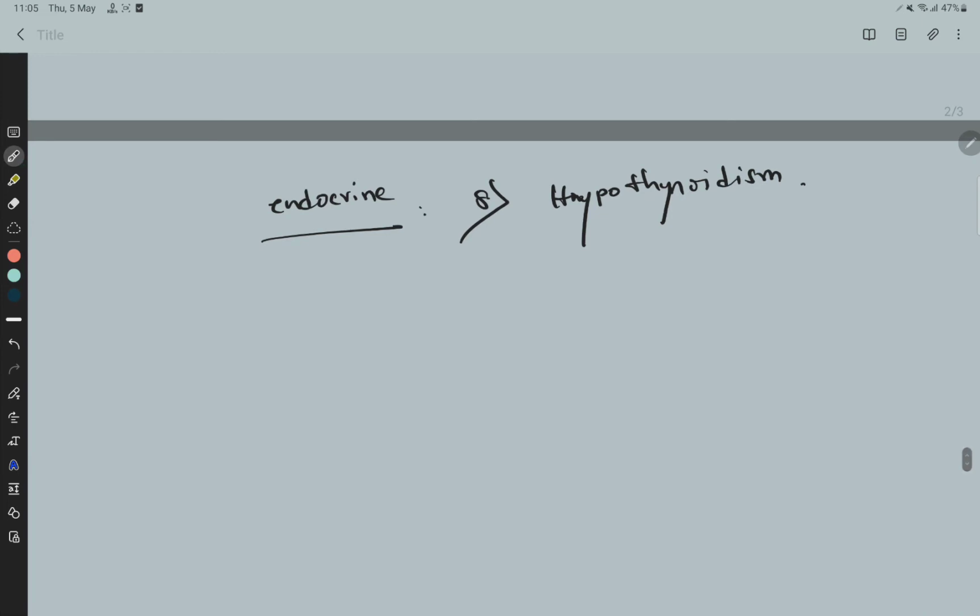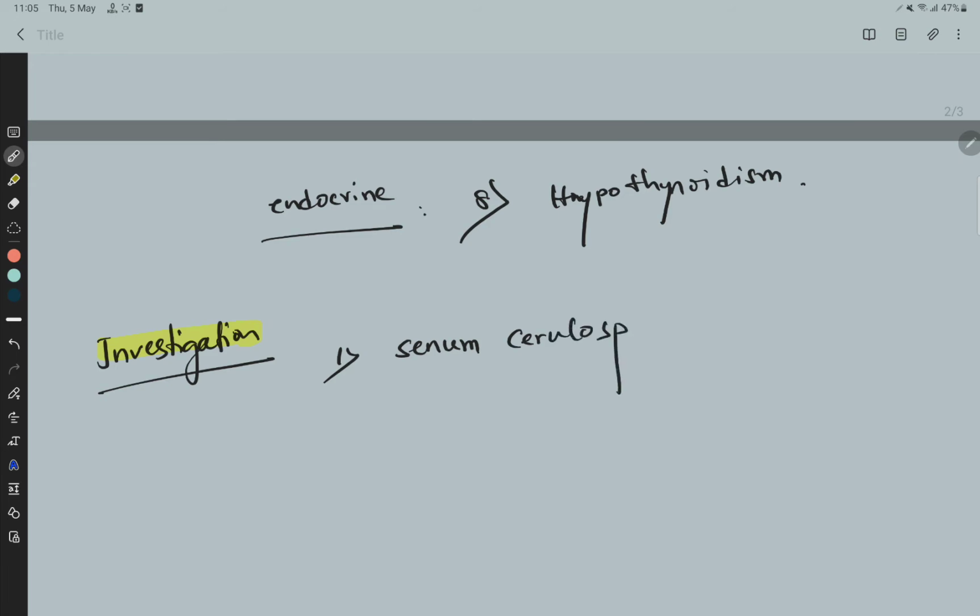And then investigation. First is serum ceruloplasmin. In Wilson disease, the serum ceruloplasmin level decreases.